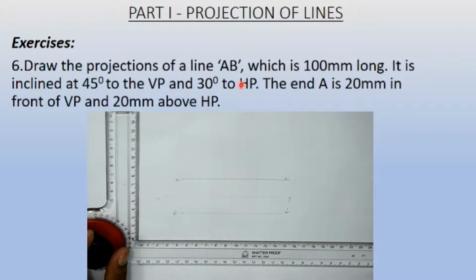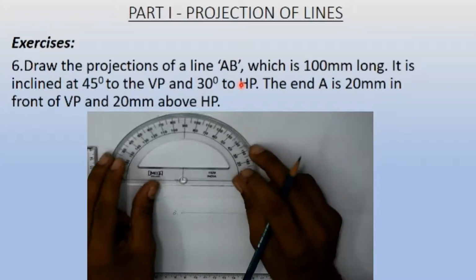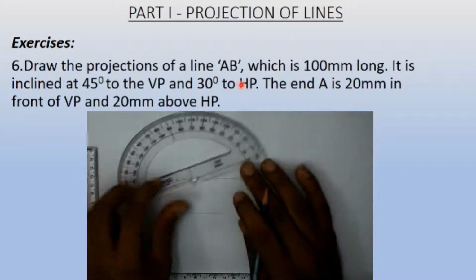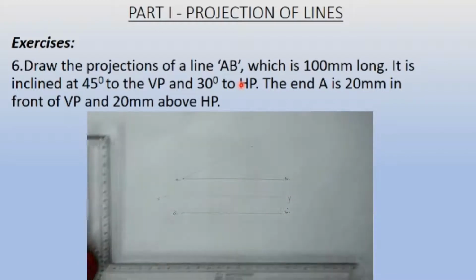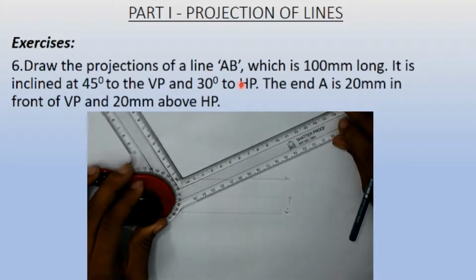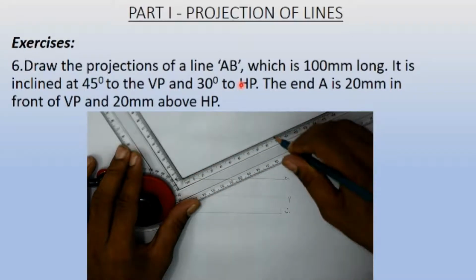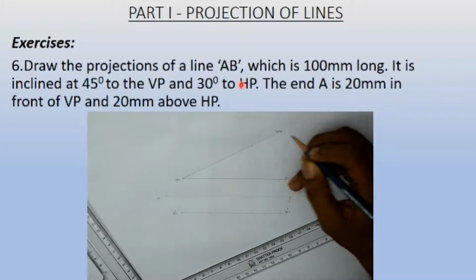But here we know that it's not parallel. Actually, it is inclined at 30 degree to the HP. So I am first taking the angle of 30 degree inclination to the HP, and this is 100 mm. Say this point as B2.